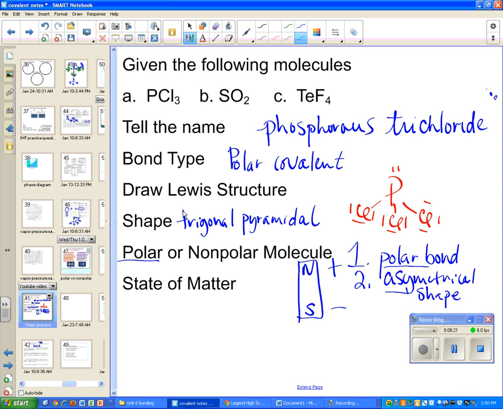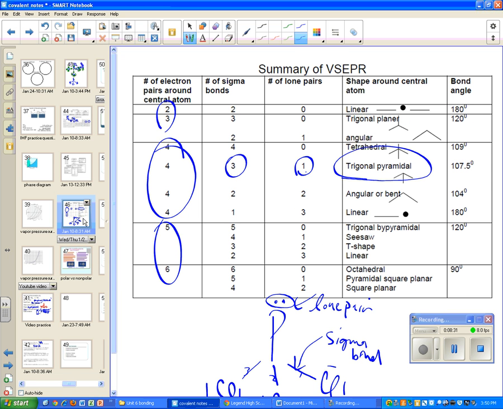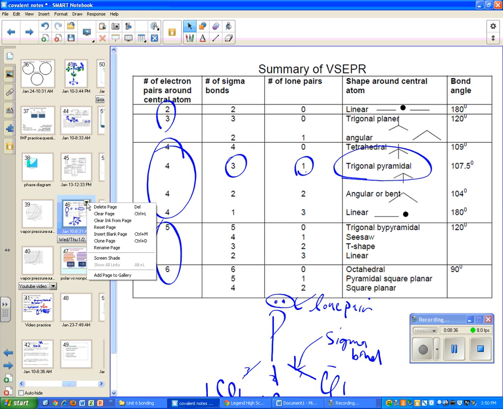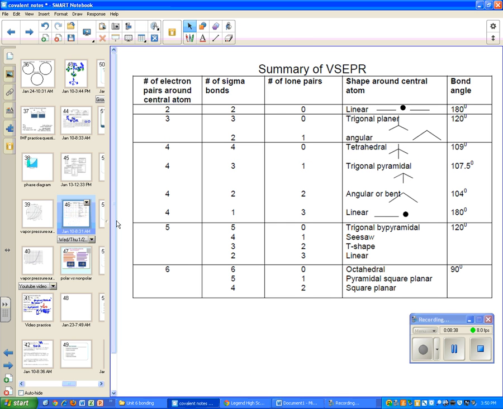So when I take a look at the PCl3, I do have the check, polar bond, yes. But then what about my asymmetrical shape? Well, if we go back to our VSEPR chart, there are certain ones on here that are asymmetrical. Our asymmetrical shapes are right here.